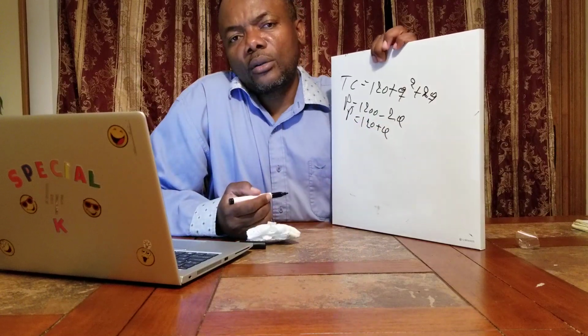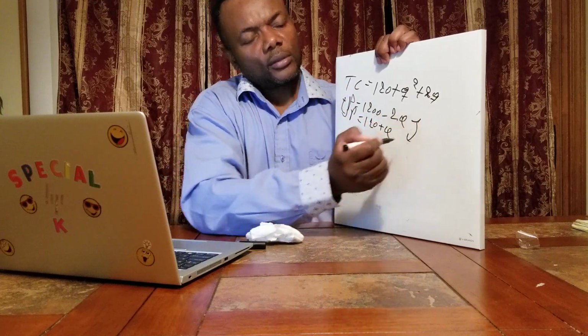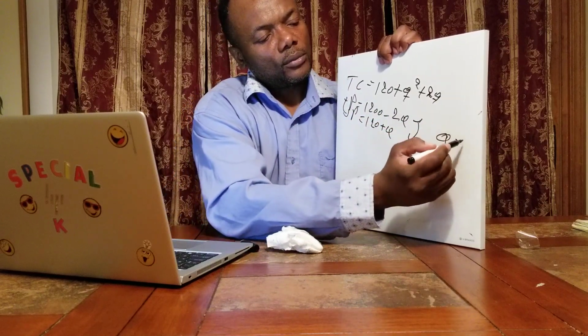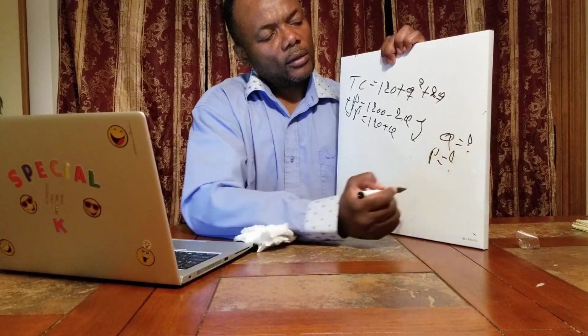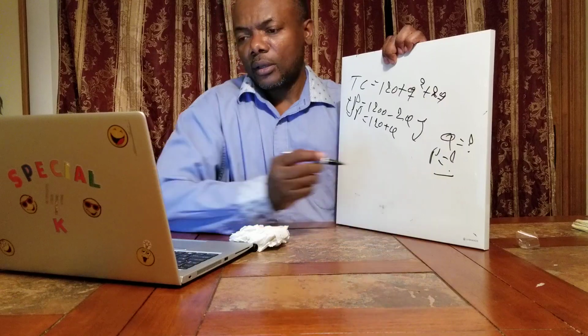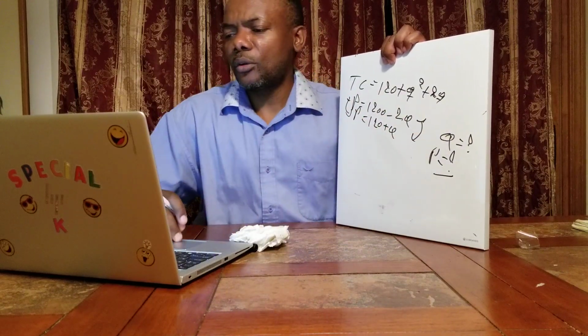How do you get the equilibrium? You just equate the supply and the demand. You equate these two equations, and you find what is q. And once you find q, you find p. Once you have that, what is the equilibrium quantity? That's q. What is the equilibrium price? That is p.